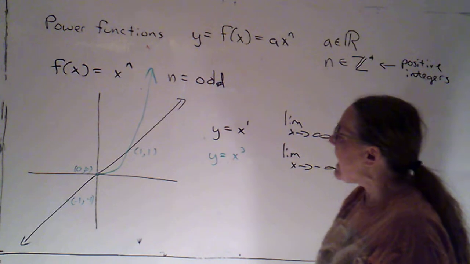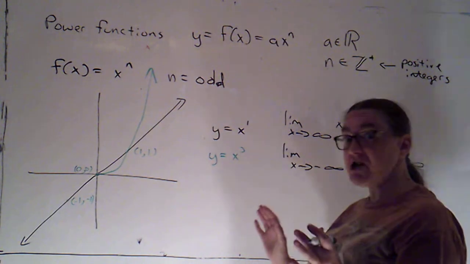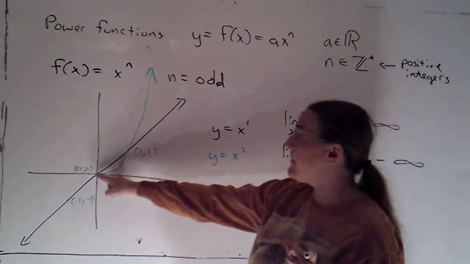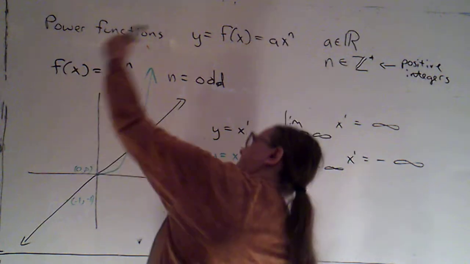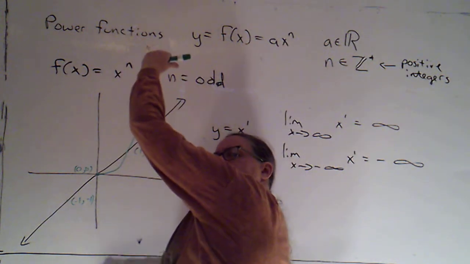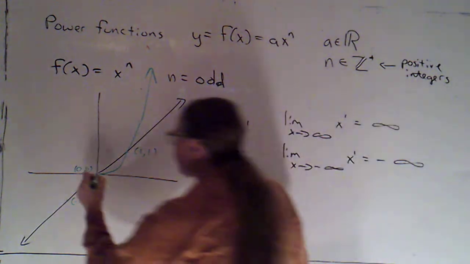Okay. Excellent. Now, odd power functions have rotational symmetry, or symmetry about the origin. What that basically means is if I were able to take this and flip it upside down, just rotate it 180 degrees, it would look exactly the same.